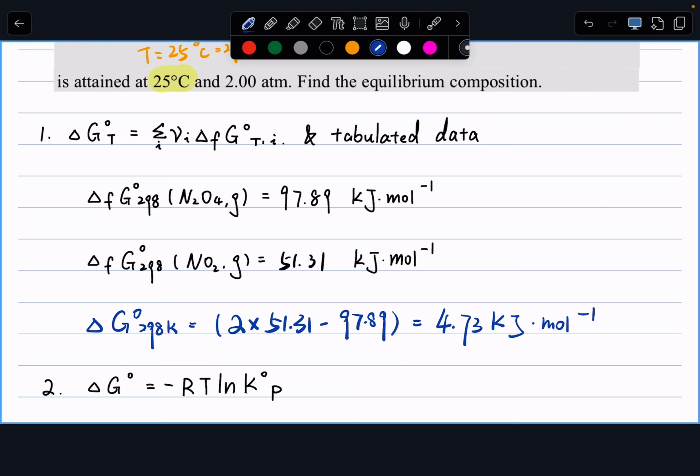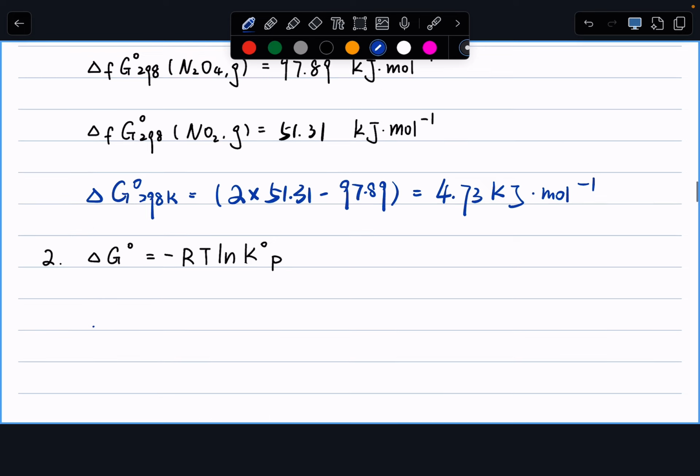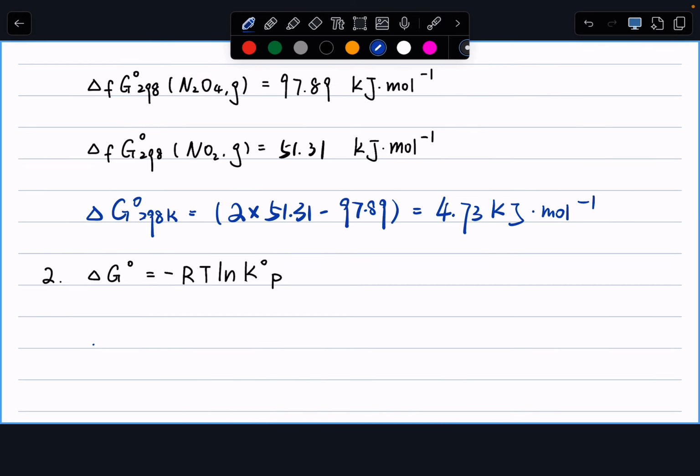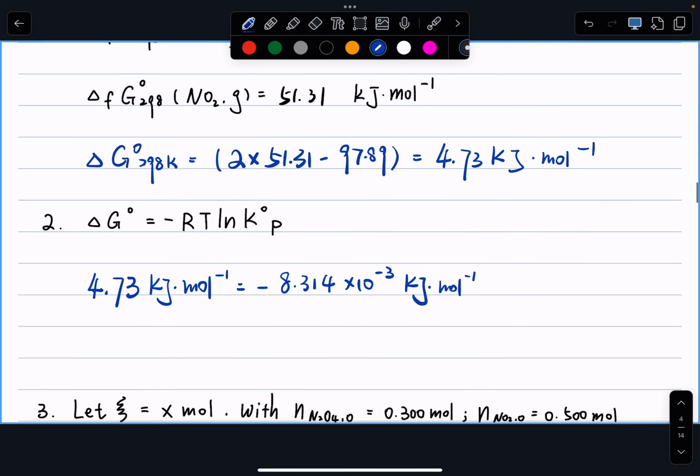Next step. Use delta G naught equals negative RT ln K to solve for your equilibrium constant. R is a constant, T is a constant, and we know what delta G is. It's just plugging numbers in to get a numeric value. So that becomes 4.73 kilojoules per mole equals negative 8.314 times 10 to the negative 3 kilojoules per mole Kelvin. Make sure you're using the same unit in your gas constant.